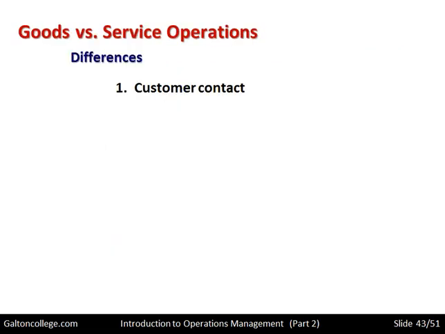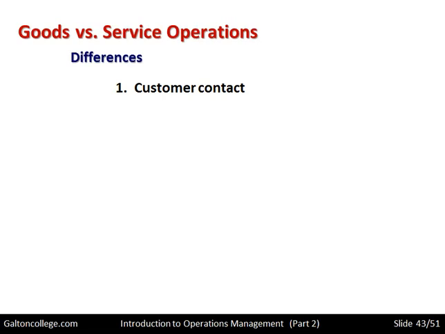So the differences. Well, first of all, customer contact. That's a big difference. With goods, we don't have sometimes contact with the customer, or a great deal of contact with the customer. People work in companies, they produce, let's say, physical goods.